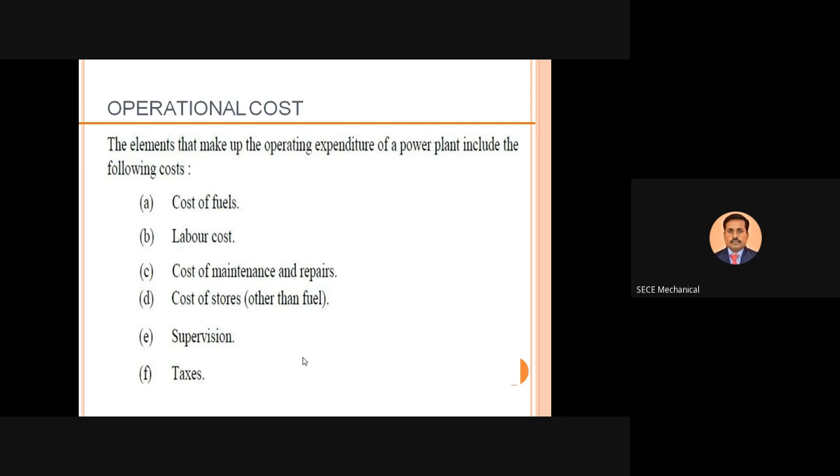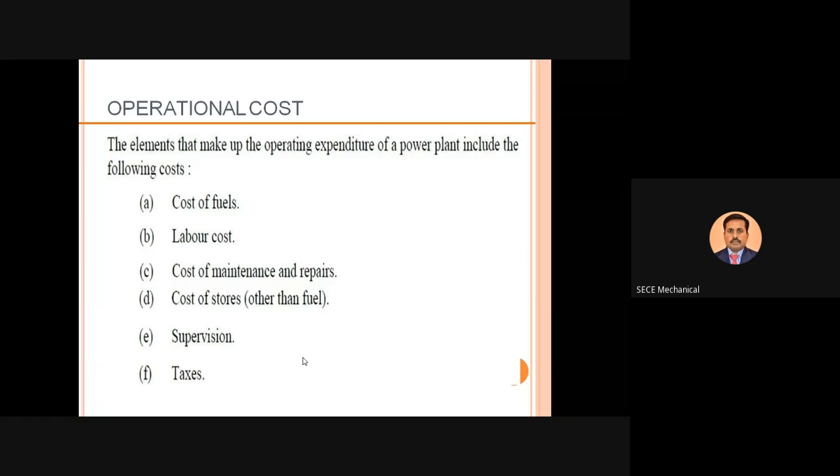Each component, if you are utilizing it for power production, definitely requires maintenance. Some repair may also happen. So you have to rectify the repairs, and the cost of maintenance also increases. That cost comes under your operation cost. So that is called cost of maintenance and repair.